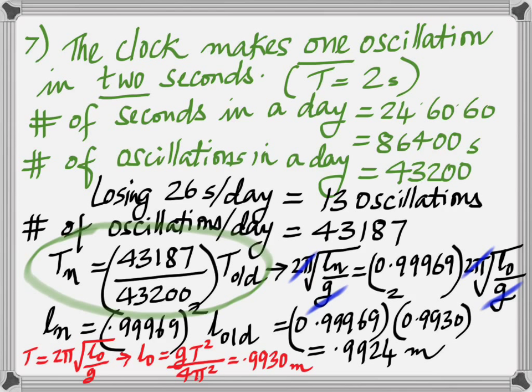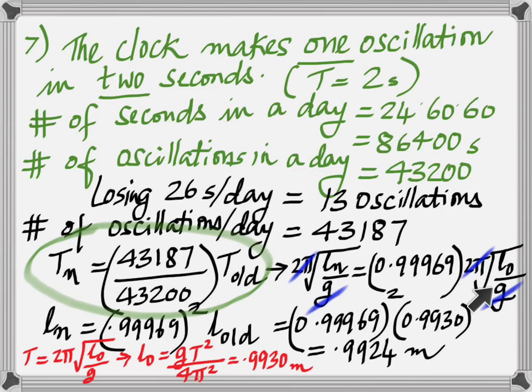And then, because we know that the time period depends on the number of oscillations, you just take the ratio. So you get the new time period in terms of the old. And then the formula for time period is here.